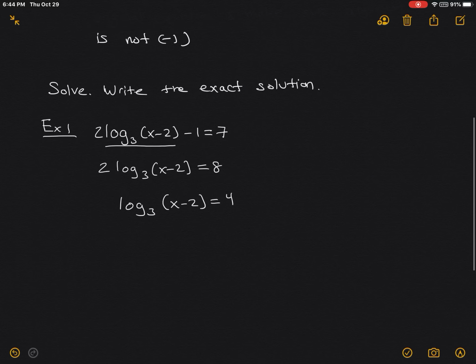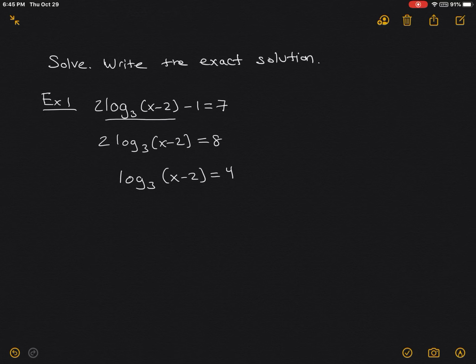Now I have the logarithm by itself. And from this line, if you remember the previous video on solving for the x-intercept of a logarithm function to graph, from here you can use your inverse property. Okay, so way 1 will say inverse property.